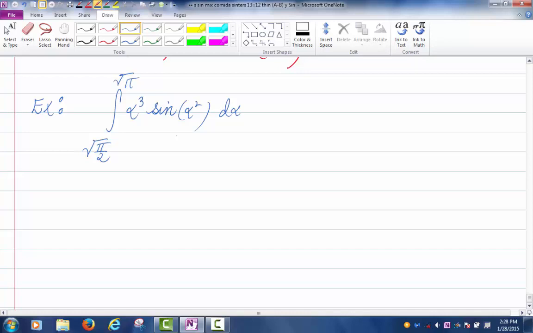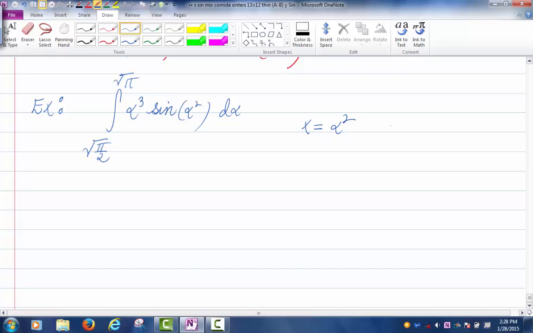When you look at this problem again, right away you might not be able to see what to do, okay? So again, you have to play around a little bit with substitution and integration by parts. At some point, after giving a lot of thought, you might say, well, let's try the substitution by replacing alpha squared by x.